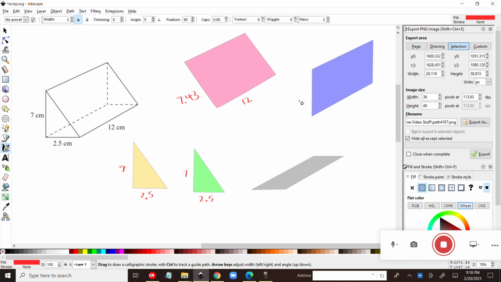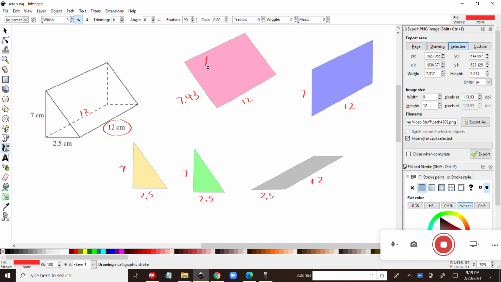For this piece here, here was 7 and here was 12. Remember, if over here is 12, then over here on the opposite side is also 12. For the piece that was on the ground, here was 12 and here was 2.5.